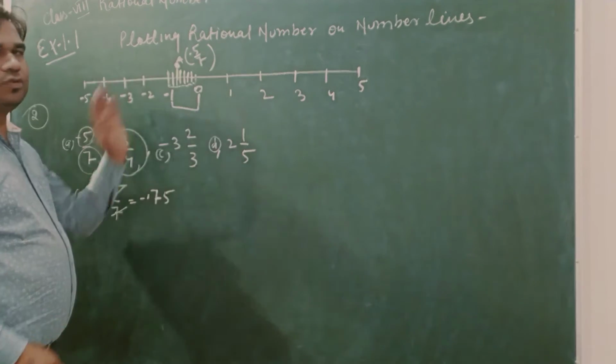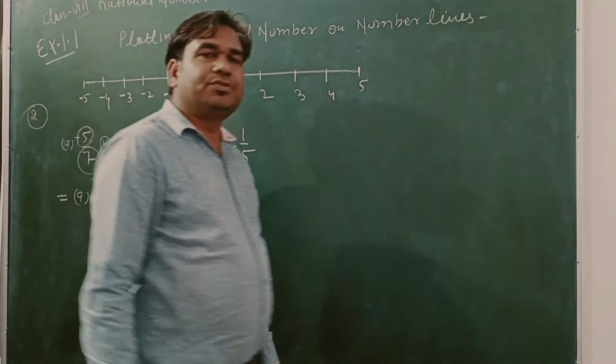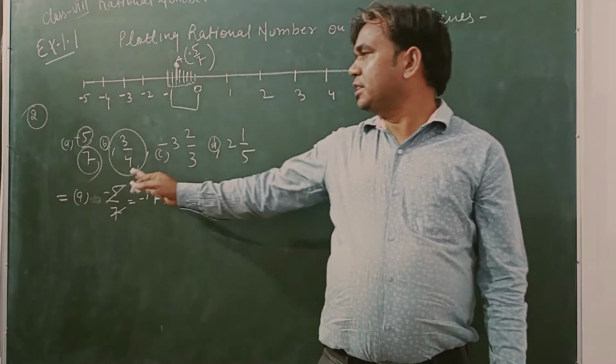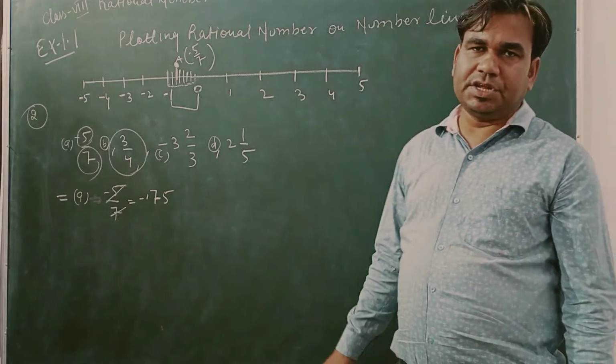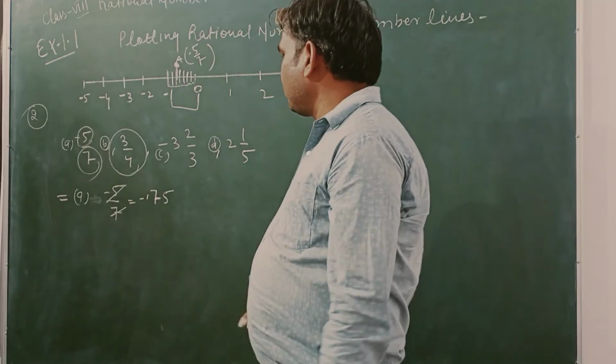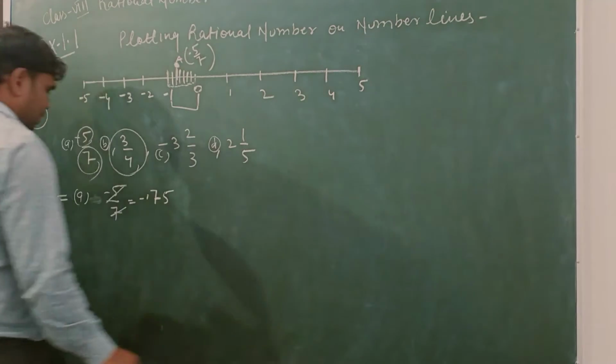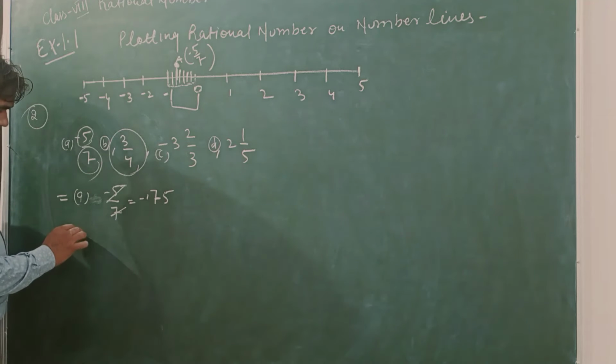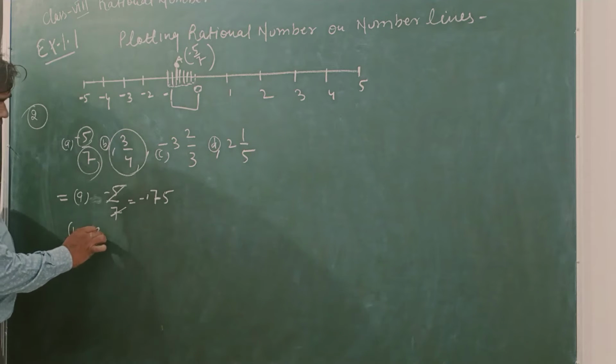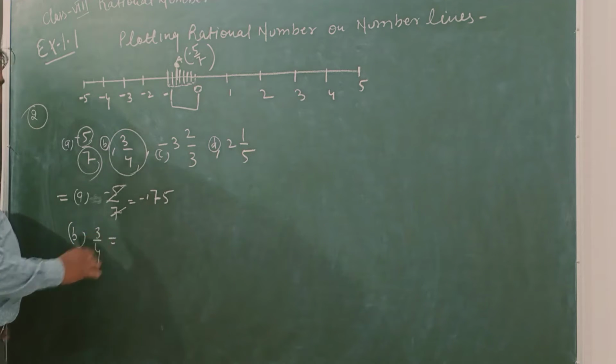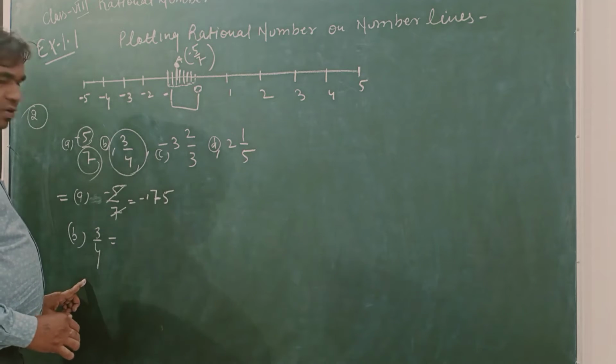So students, we can take the second part. The second part is 3 over 4. So 3 over 4 we also take. We find out the value of 3 over 4.